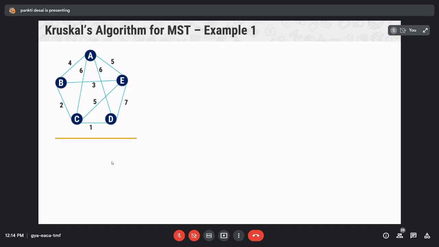But we have to take care that if we select this edge, it will not form a cycle. So select an edge in such a way that it has the minimum weight, and if you select this edge to create a spanning tree, it will not form a circuit. So first, in this graph, tell me which edge has the minimum or optimum weight.